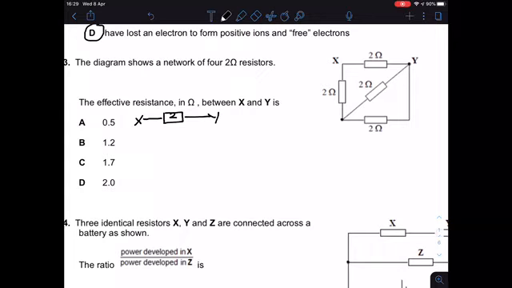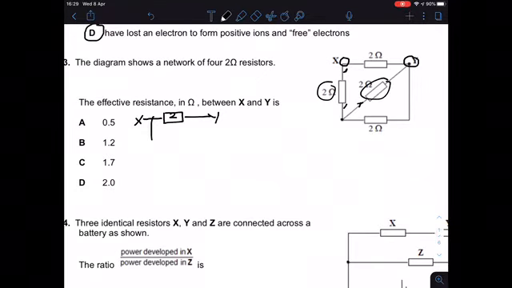Right, now, so we've got this bit up here on the diagram already drawn for us. If we now follow the path here, like that, we have a 2 ohm resistor, this one here, connected in series to a second 2 ohm resistor, and then it goes to point Y. So effectively we've got 2 2 ohm resistors connected in series, like that.